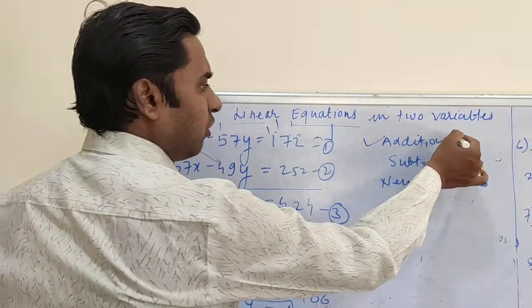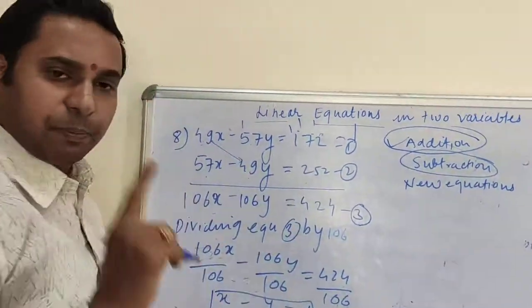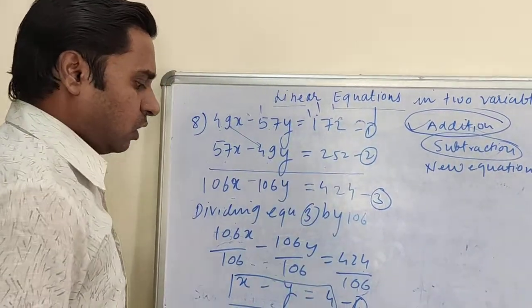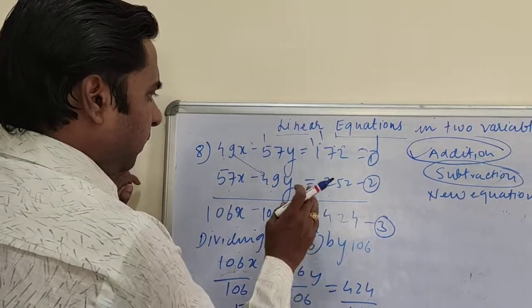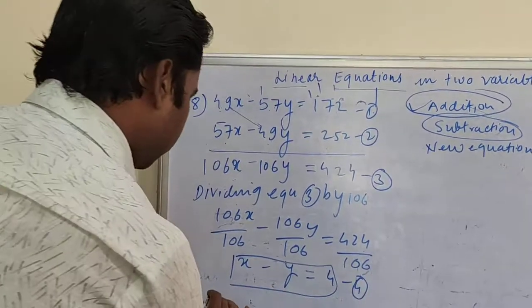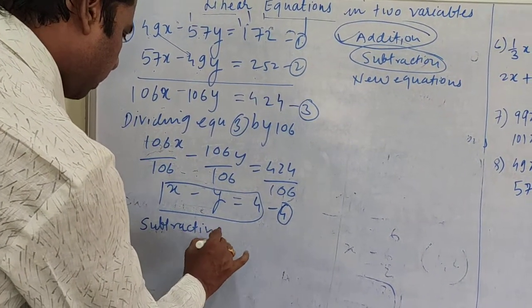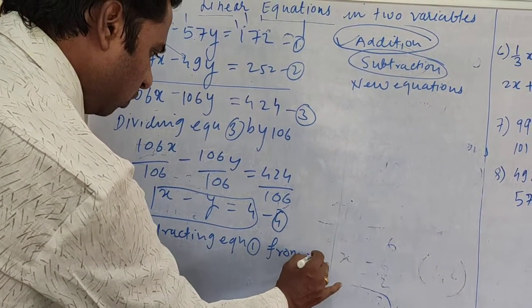What we have done? We have finished with the addition. Now what we have to do? Subtraction. Subtraction of what? Subtraction of these two equations, equation 1 and 2. Now we will be subtracting equation 1 from equation 2.